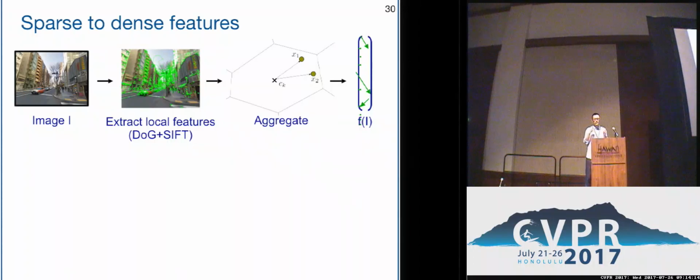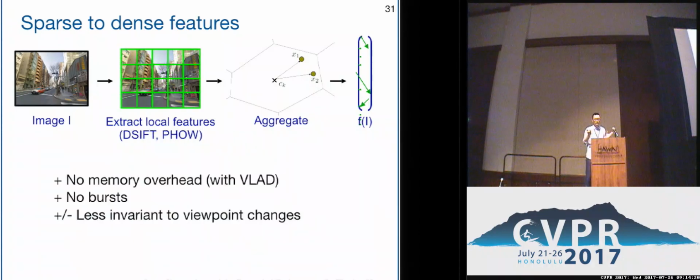For example, instead of using local keypoint detection like DoG, we can simply use dense SIFT, which is SIFT descriptors densely detected on a regular grid. When we use dense features, we lose viewpoint invariance somewhat. But for the place recognition task, that is actually okay, because what we want is images from the same view.